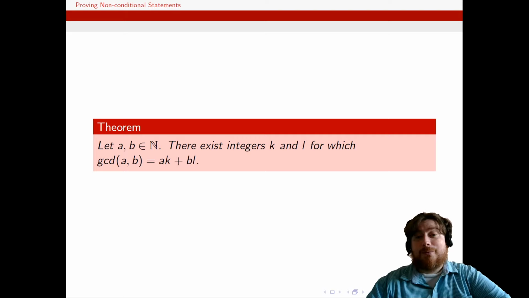And then, since I'm saying the greatest common divisor here, I'm actually making a claim that that greatest common divisor exists and is unique. And then I'm making a further claim that I can write it as a times an integer plus b times an integer. So this theorem is actually quite involved.